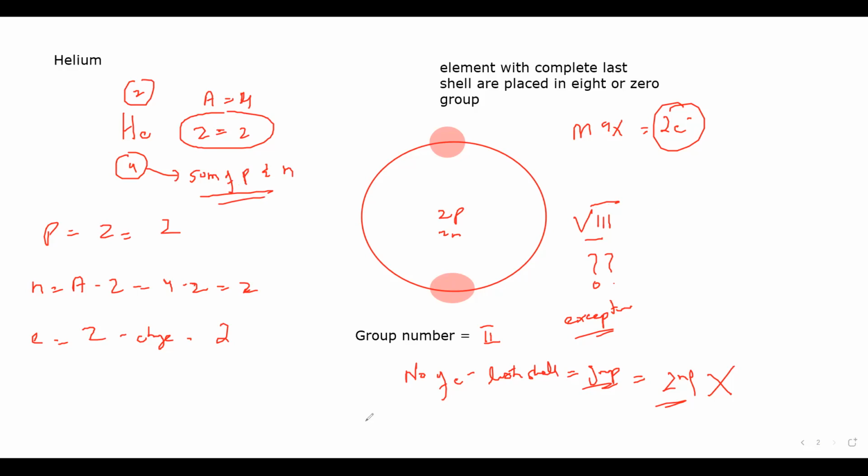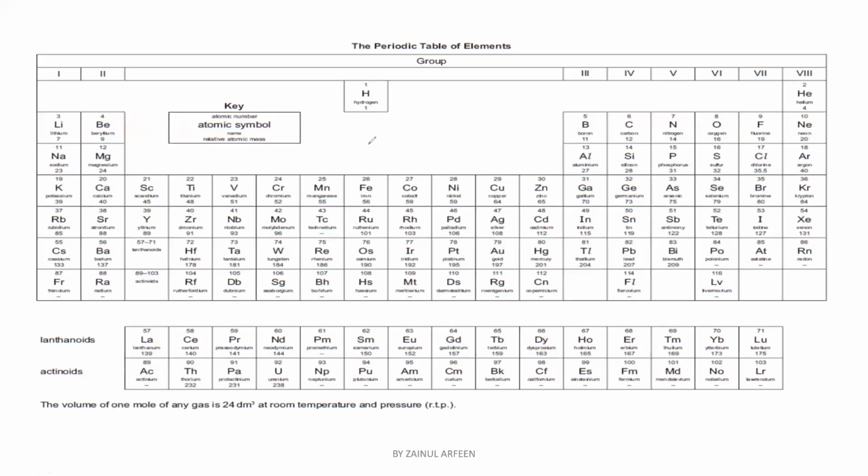So for the 2 exceptions, if a question asks why hydrogen is not placed in group 1, your answer should be that its properties do not match with group 1 elements, that's why it is not placed in group 1. And why is helium not placed in group 2?